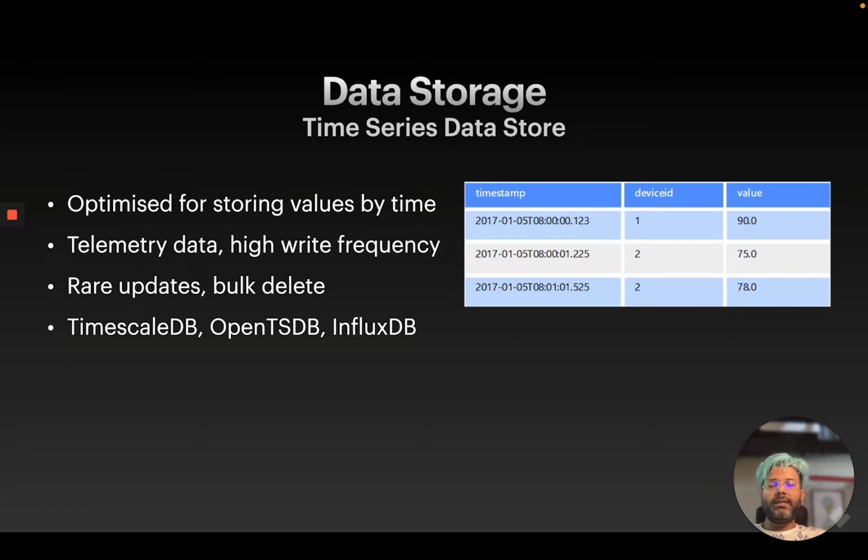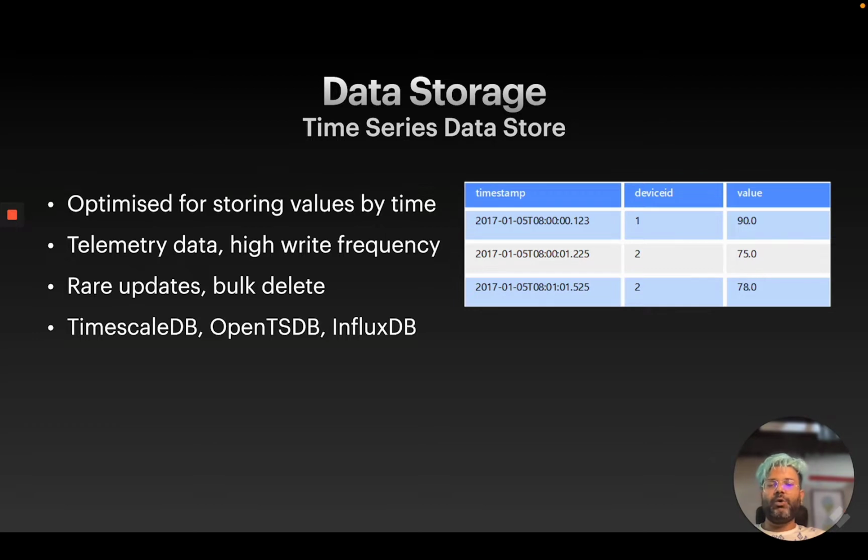They are rarely updated because once you have a sensor value coming, you don't really update that. And there is no delete that is usually performed on this kind of data. And if a delete is required, the deletes are usually bulk deletes, because if you identify that the sensor is faulty, you would want to erase all the data that the sensor has emitted since the time it was diagnosed as faulty.